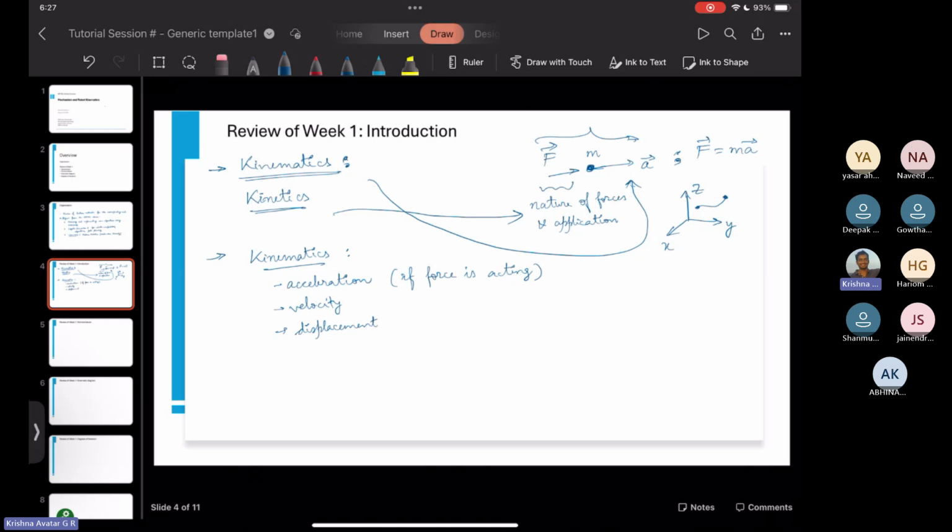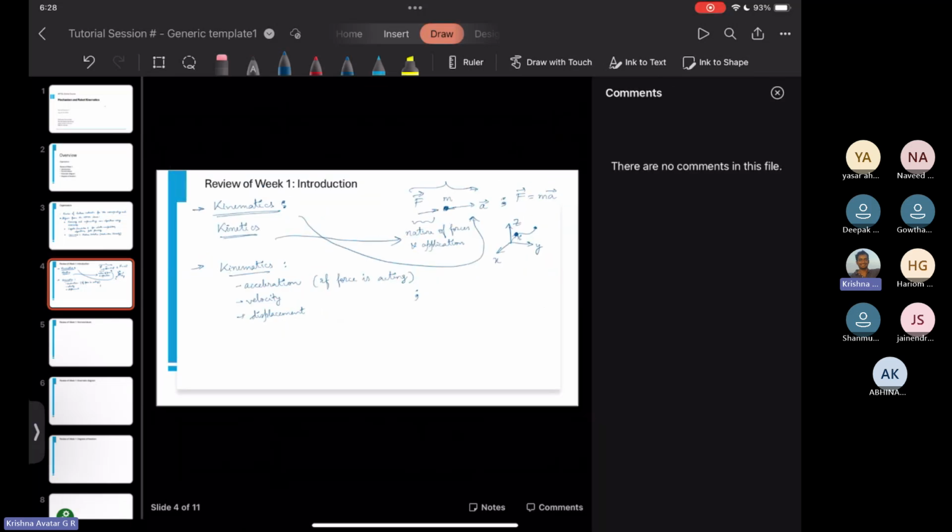However, by virtue of how they are mathematically linked, from the mathematical perspective we start with displacement first. Say we have some r vector. This point mass is located at some r vector here.